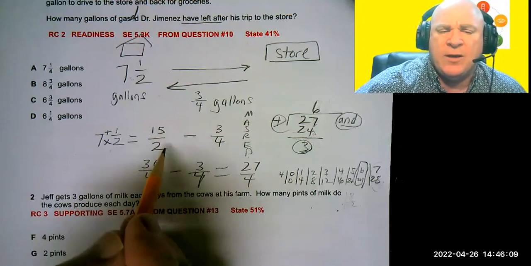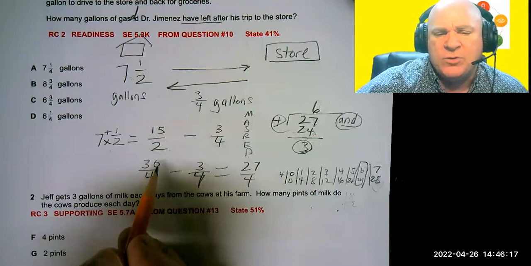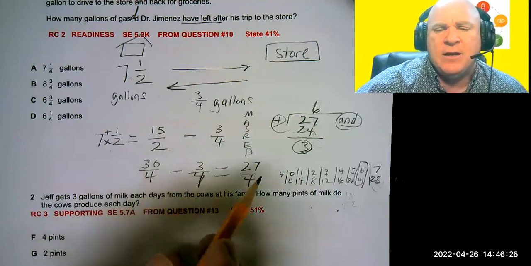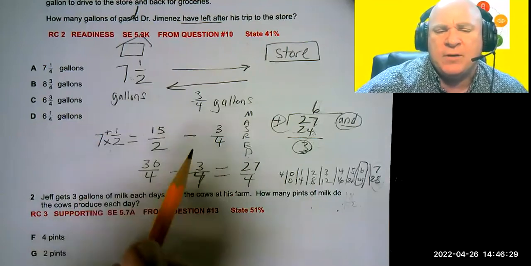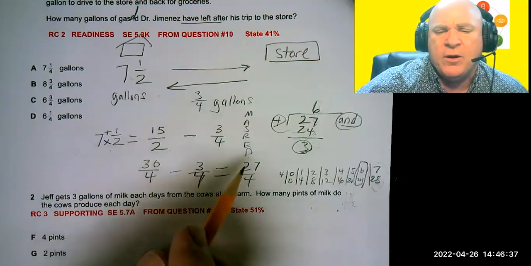So now we have 30/4 is what we had when we started. We take away the 3/4 that we used going to and from the store, which leaves us with 27/4. Since that is not there, then you just have to switch back to a mixed number using an improper fraction to divide, because it means 27 divided into 4 equal parts.